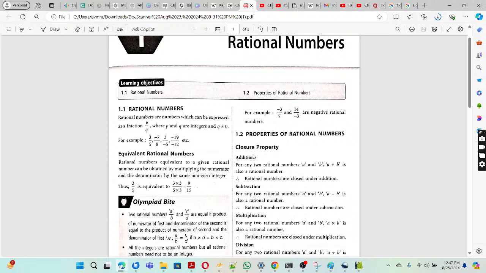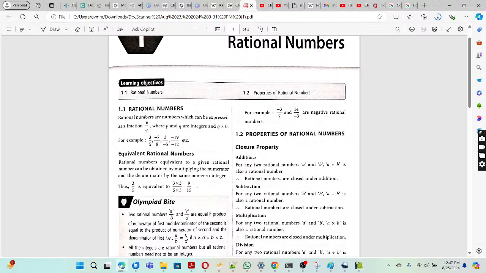A rational number is, for example, 3 by 5, 1 by 2, 2 by 3, minus 7 by 2. It can be negative also. The negative sign can be on the top, that is the numerator, or on the bottom, that is the denominator. The top place is called the numerator and the bottom place is called the denominator.